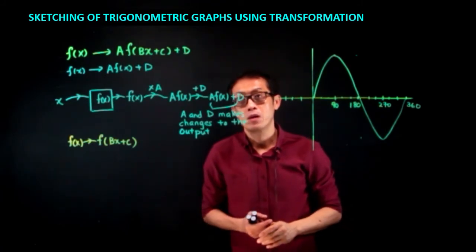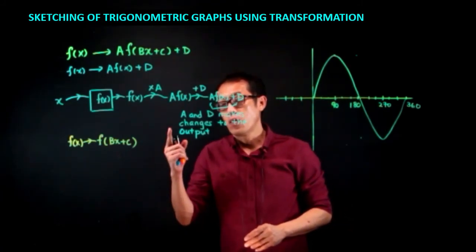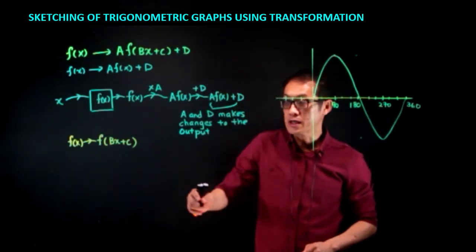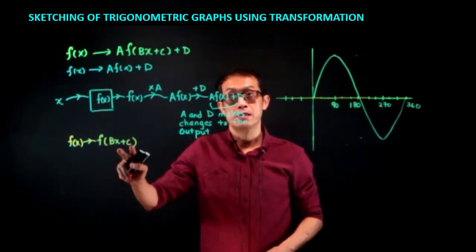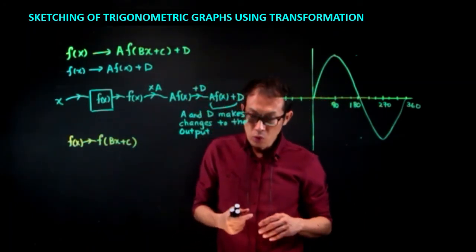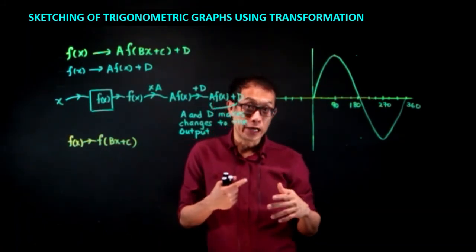Now, for horizontal transformation, that is for B and C, the way to look at it is a bit different, against intuition.